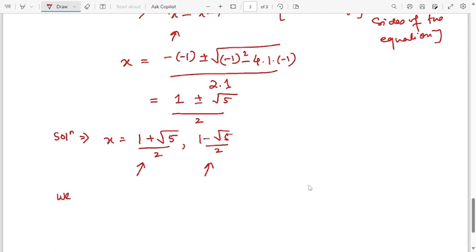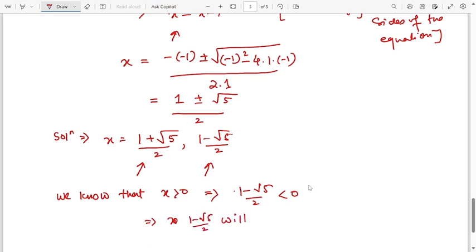Because we know that x is greater than 0, which implies 1 minus root 5 by 2 is less than 0. So that means 1 minus root 5 by 2 will never be a solution of the equation.